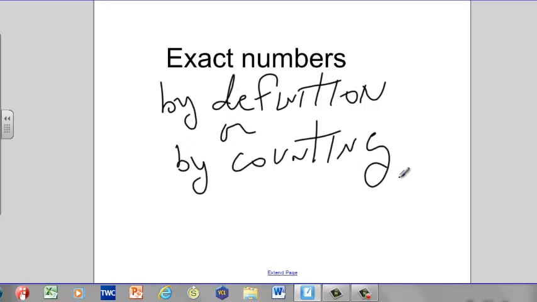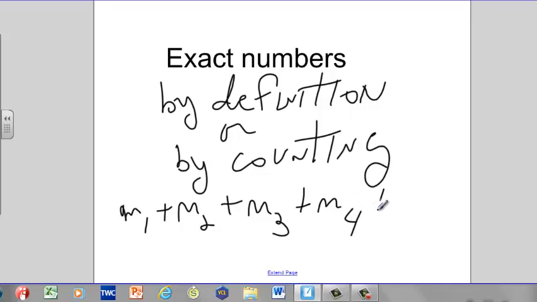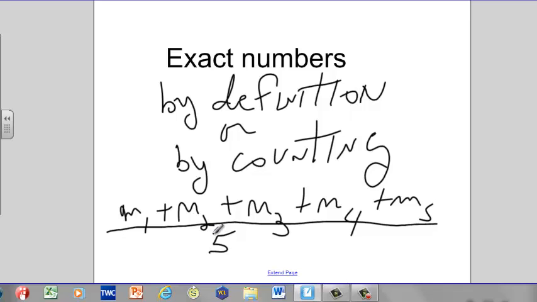If you can count it, like you've got 5 pennies, and you're figuring out the average mass of those pennies, you would have all of your masses that you would add up. Mass 1 plus mass 2 plus mass 3 plus mass 4 plus mass 5 divided by 5. That 5 is an exact number.